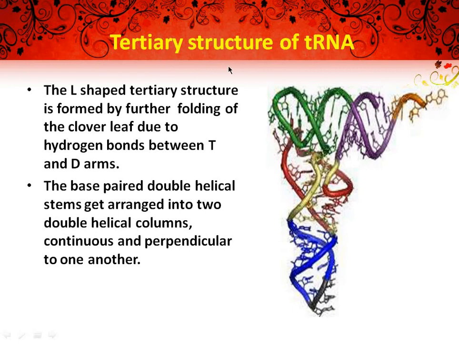Here you can see this is the DHU loop and this is the T-C loop. They are bound together by hydrogen bonds, and then this is the amino acid binding site, and this is the anticodon site. So, this forms an L-shaped tertiary structure.